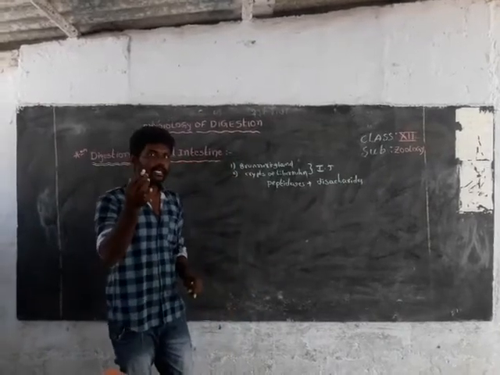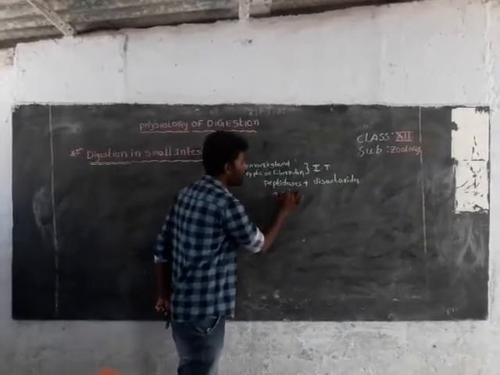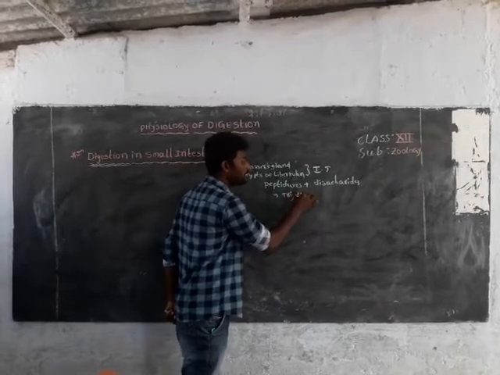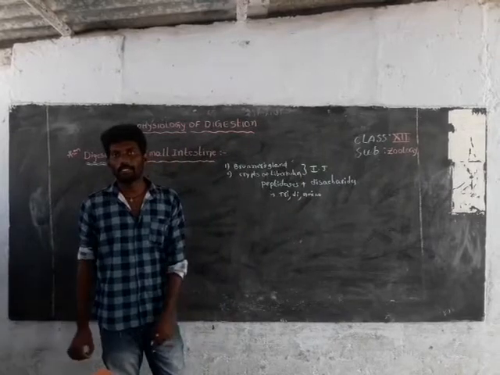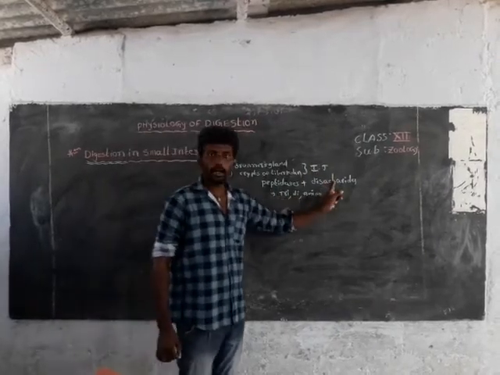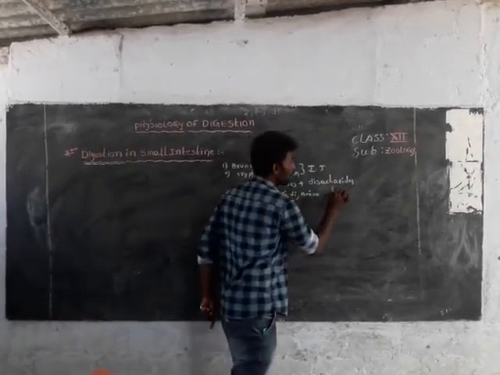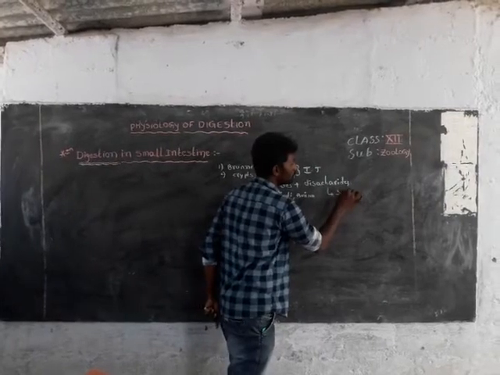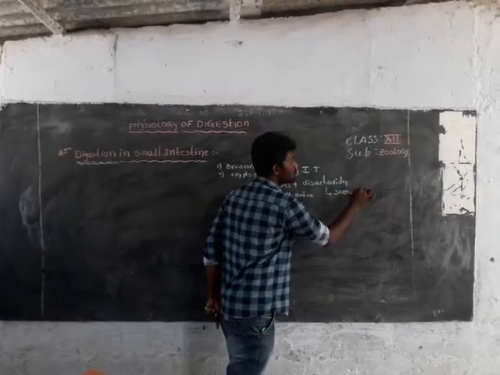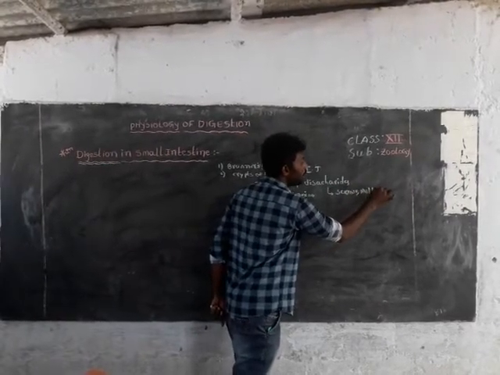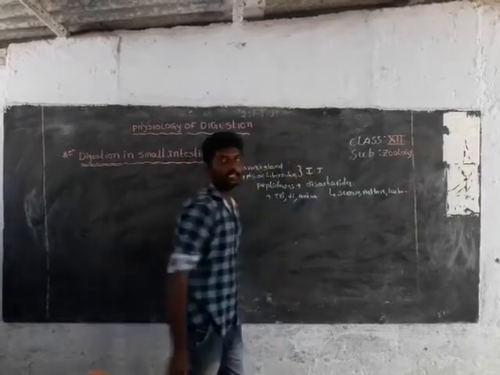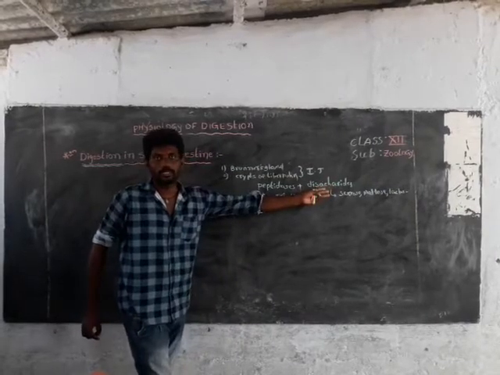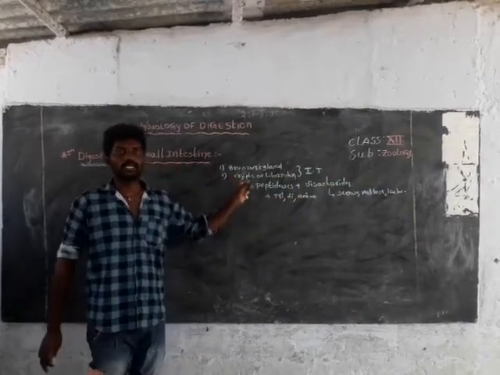Peptidases include tripeptidases, dipeptidases and aminopeptidases. In the same way, disaccharides include sucrose, maltose and lactose. These are the examples of disaccharides. That completes the topic of intestinal glands.